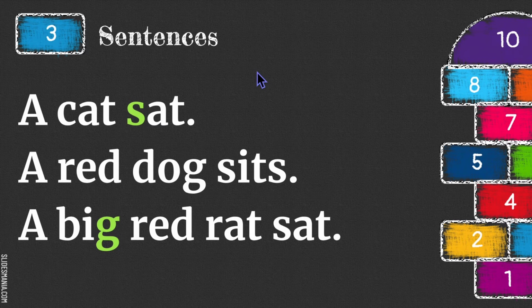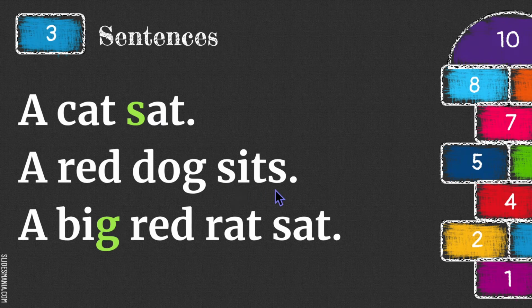Let's try some sentences. A, k, at, cat. Now, S has two sounds, S and Z, but we always use the S sound at the beginning of a word. Sat, sat. A cat sat. A red, red. Dog, dog.